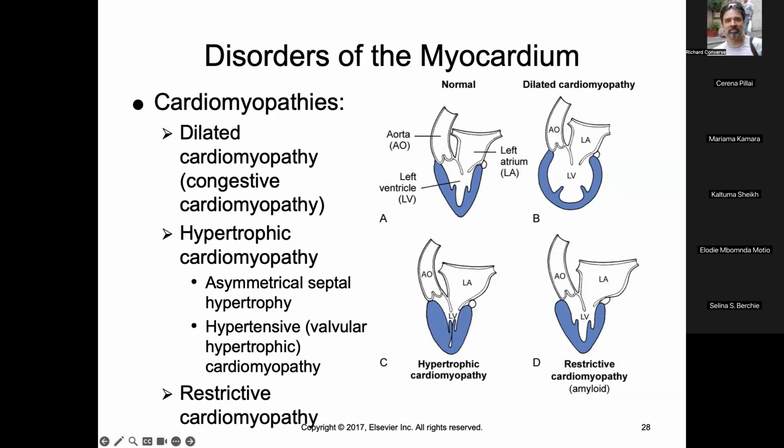And then restrictive cardiomyopathy or amyloid cardiomyopathy, again, you can see the thickened walls and the result of working against, again, greater resistance, is due to amyloid plaque buildup.